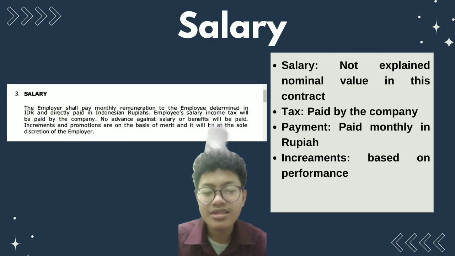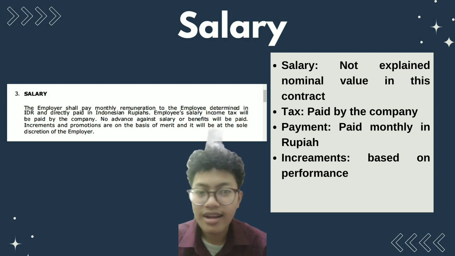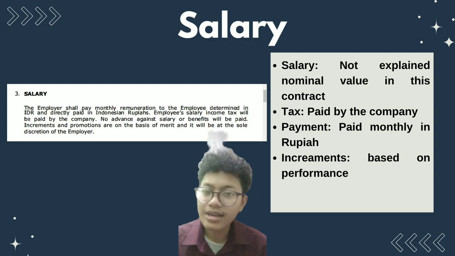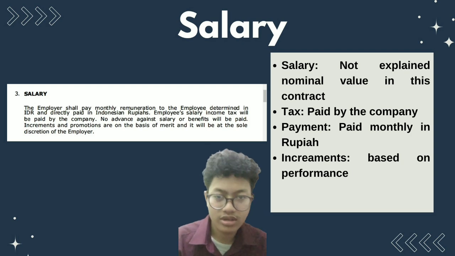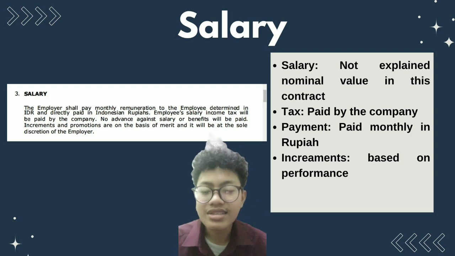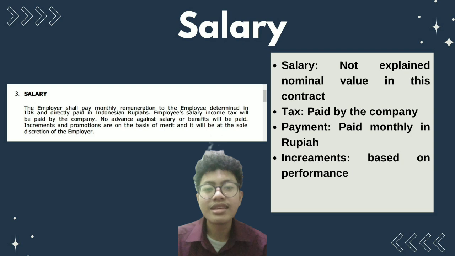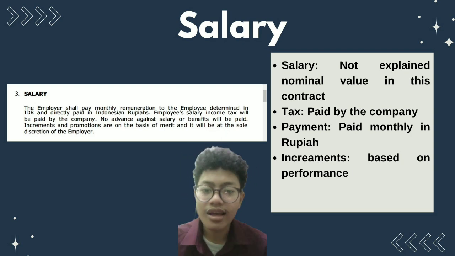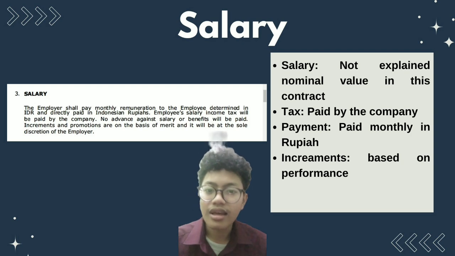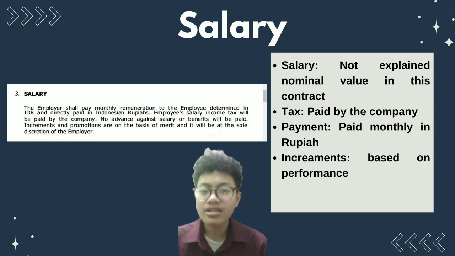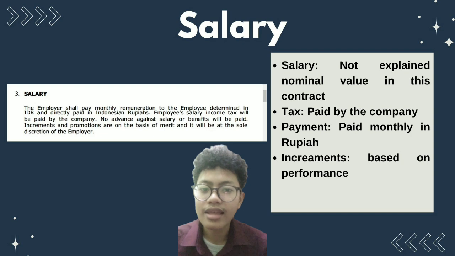The employer reserves the right to modify the job description after consultation with the employee. The third point addresses the salary or payment. This contract explains the salary amount, the payment schedule, and the currency used. In this contract, the salary is paid monthly in Indonesian rupiah, and taxes are also covered by the company. Salary increases and promotions are based on the performance and the company's policies.